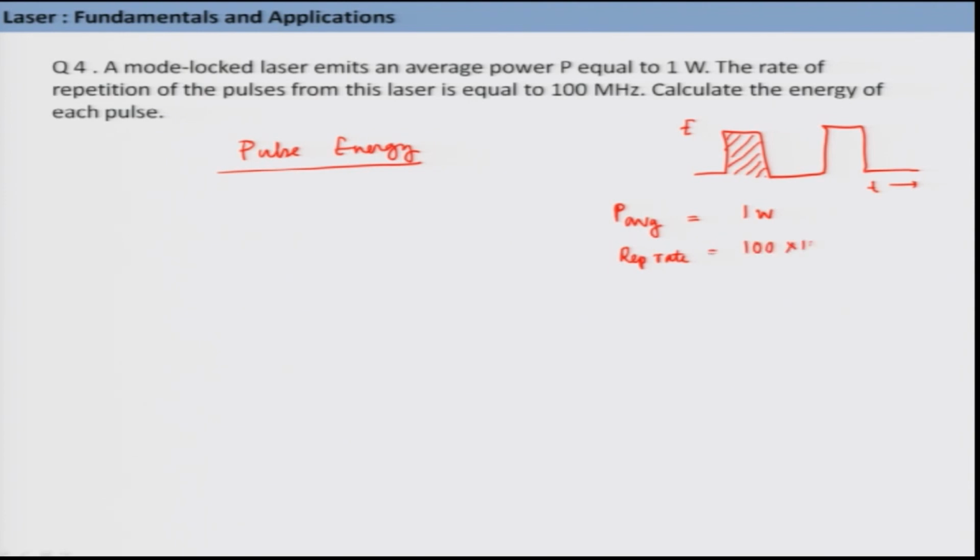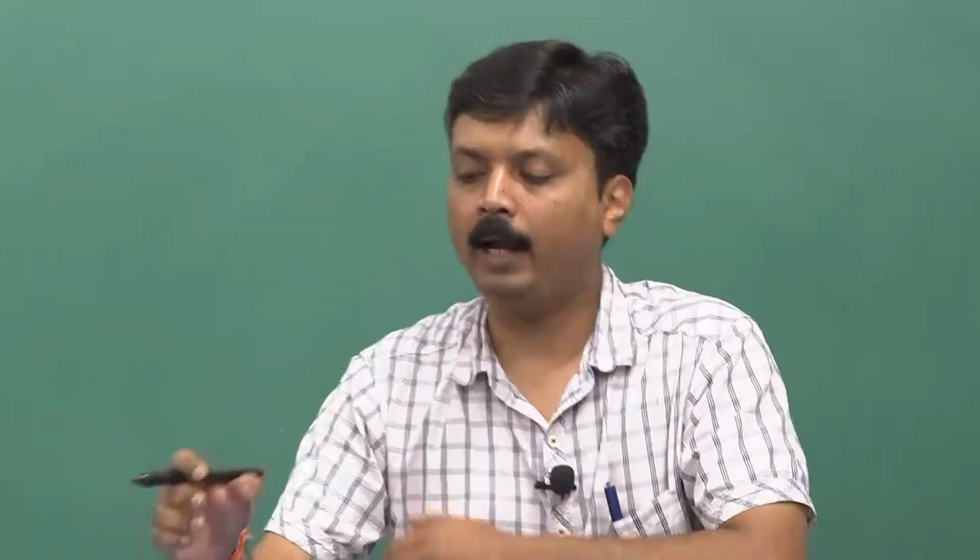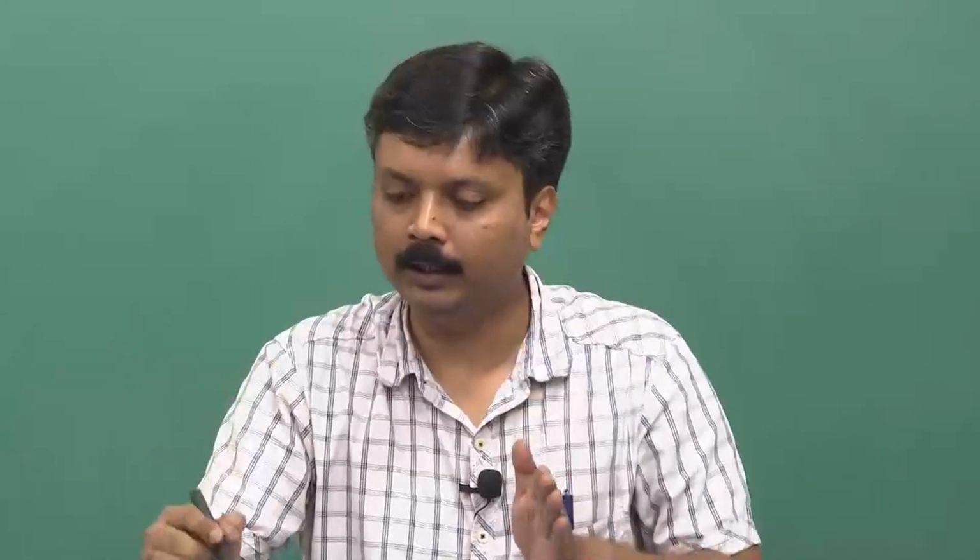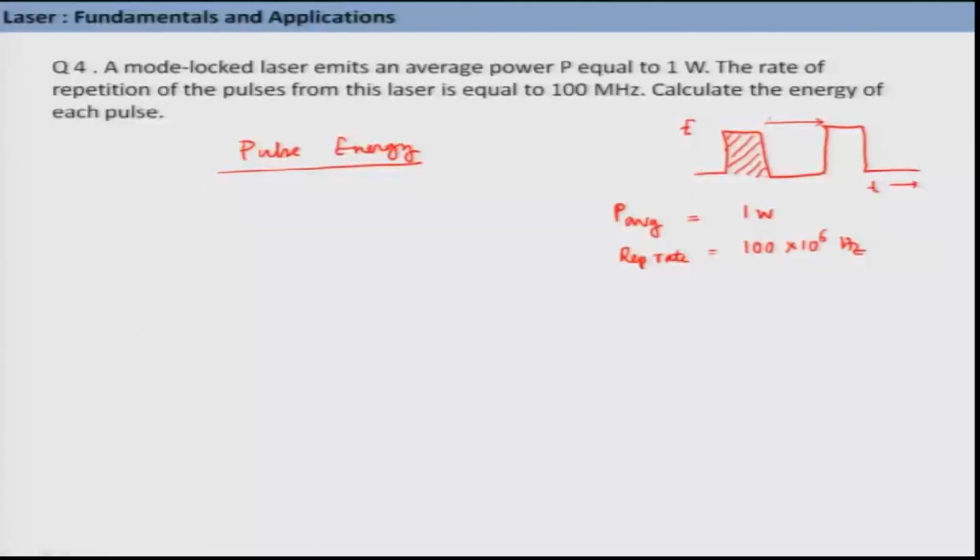So, in 1 second there are 100 into 10 to the power 6 pulses, and when the pulse is not there, there will be no light, that is the gap between each two pulses.